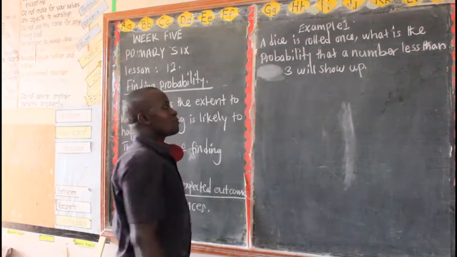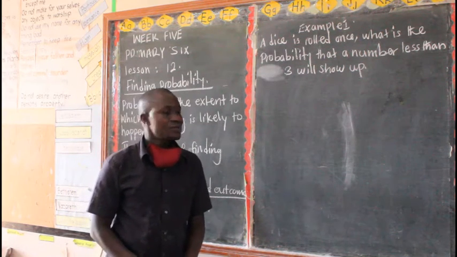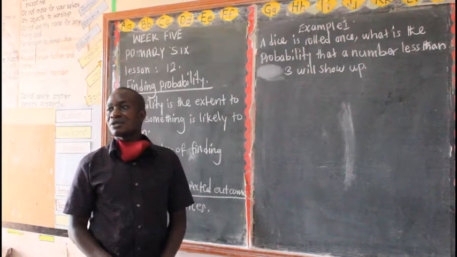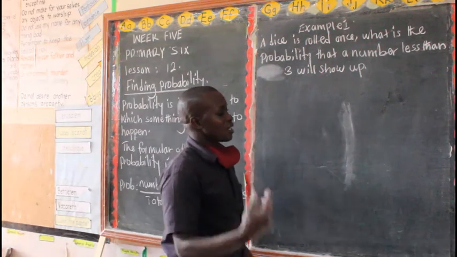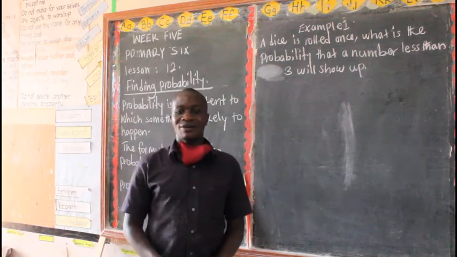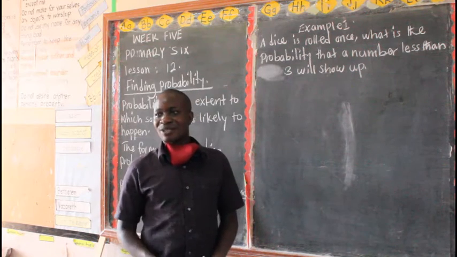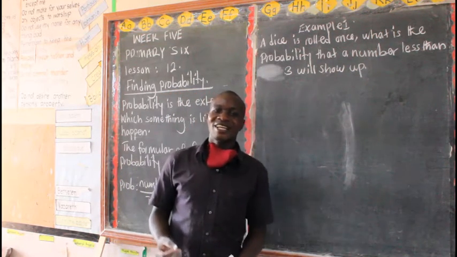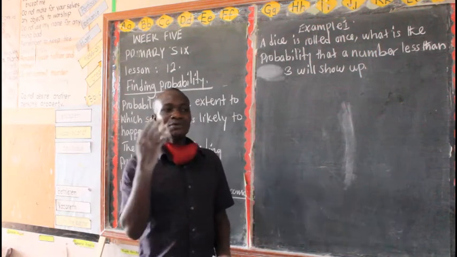So, what is the probability that a number less than 3 will show up? Here we need to know a dice, of which I believe most of you, if not all of you, have ever seen a dice. A dice is numbered from 1 up to 6.